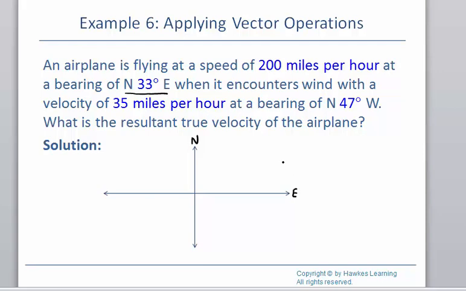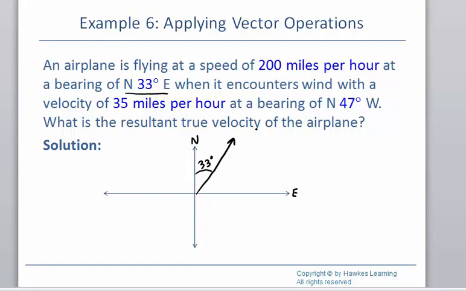So this is east. If I'm looking at my north direction here, I want to rotate 33 degrees towards the east. And so that airplane is going to be flying along a path like that, with an angle of 33 degrees in between.